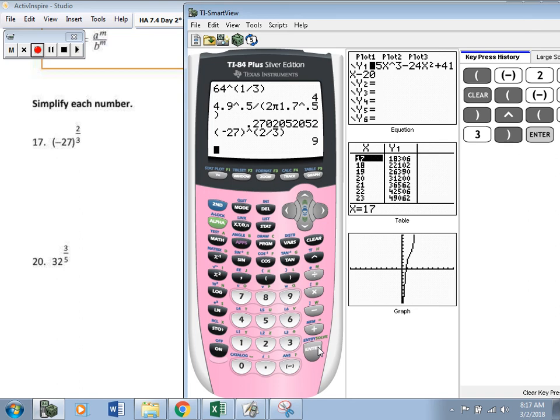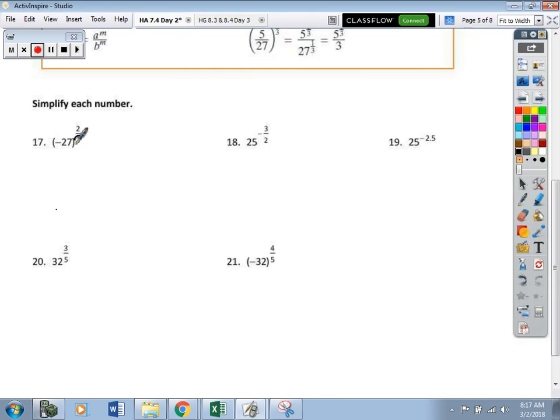Now when we're doing them by hand, what we would do is take the root. Remember, the index is going to be the denominator, so this would be the cube root of negative 27. Now normally we put the squared inside, right? But personally, I don't know what 27 squared is off the top of my head. I only know up to my 625. So what I suggest you might want to do is actually put the squared outside. Why?